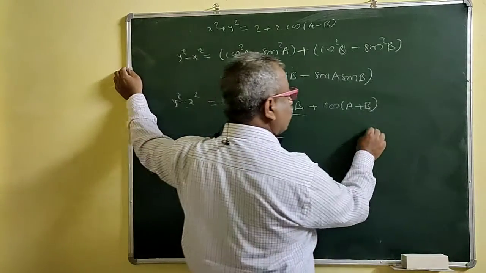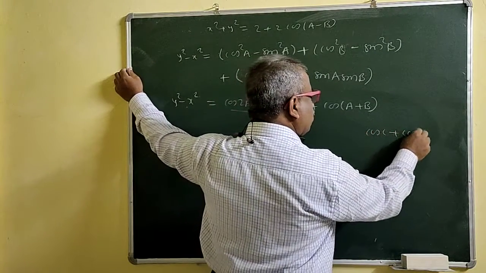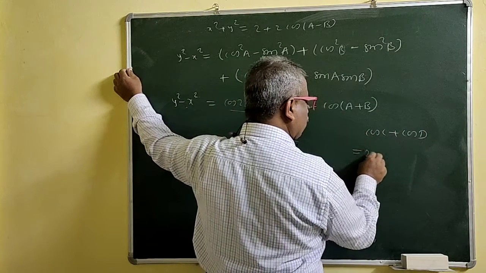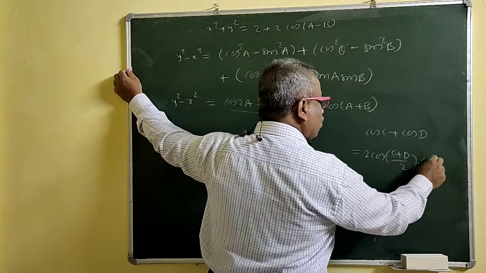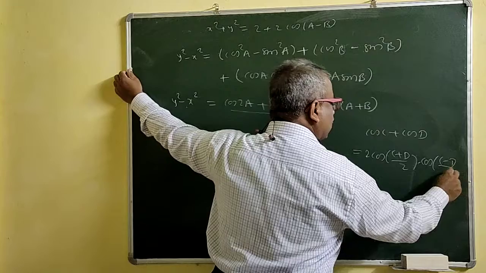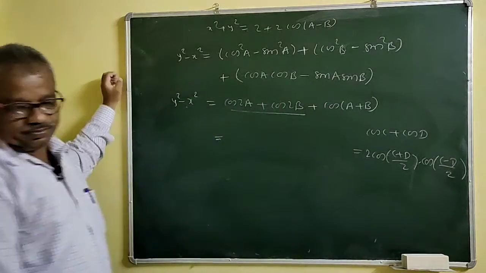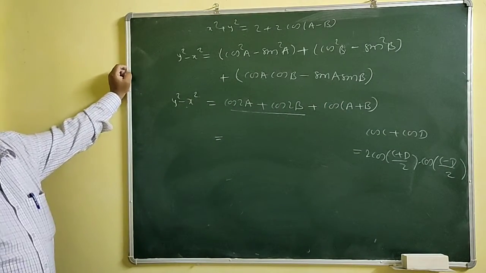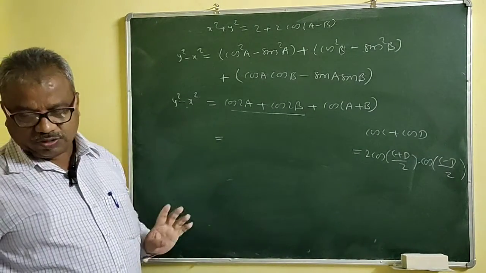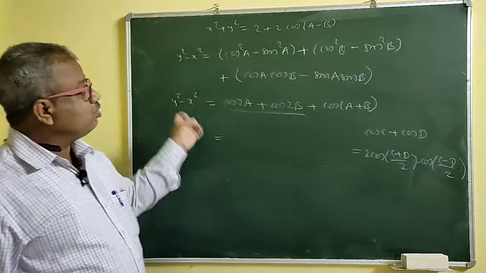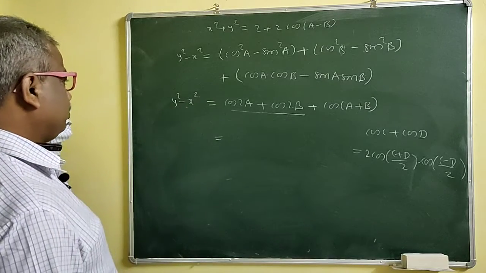See, cos C plus cos D is equal to 2 cos of (C plus D) by 2 into cos of (C minus D) by 2. That also we will see later on. I will just assume that this formula is known to us. We want to derive this formula. Actually, this problem is wrongly printed here.